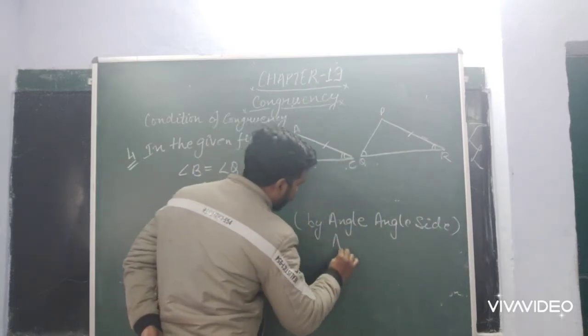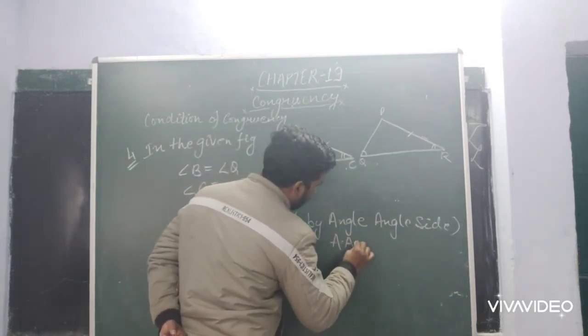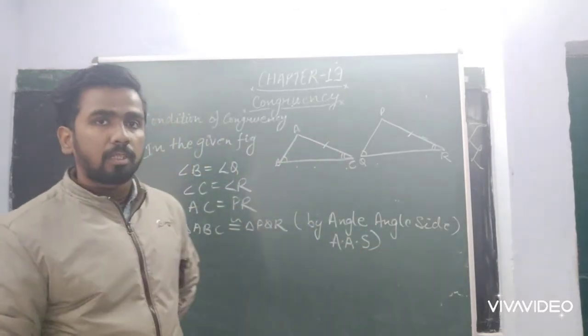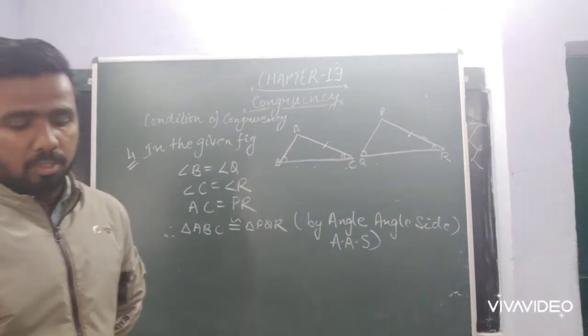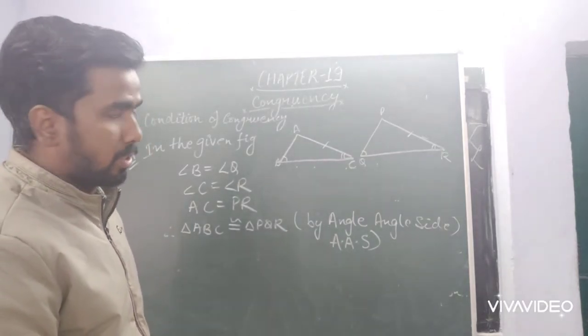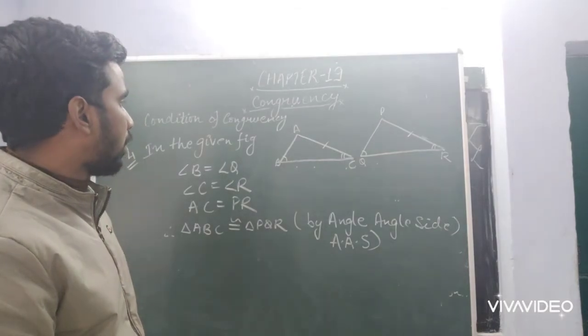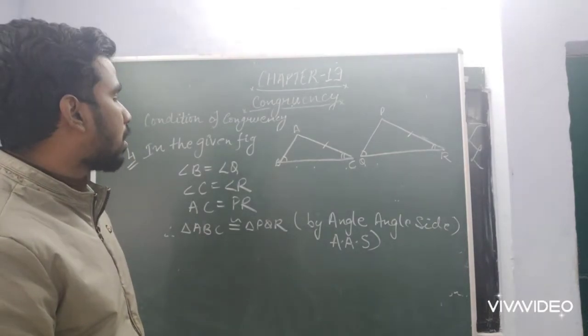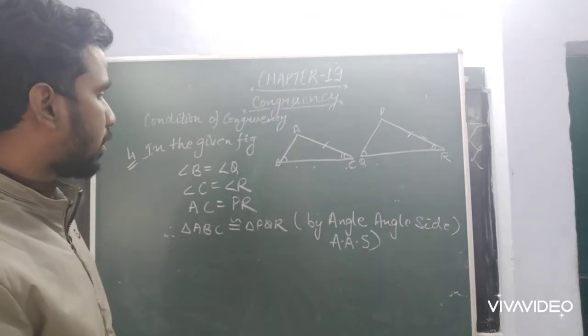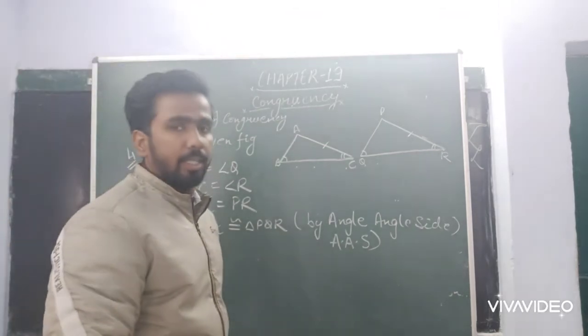Its abbreviation is AAS. Clear? So this is the fourth condition for congruency, in which we have proved that the two triangles are equal by the following condition, which is angle angle side.